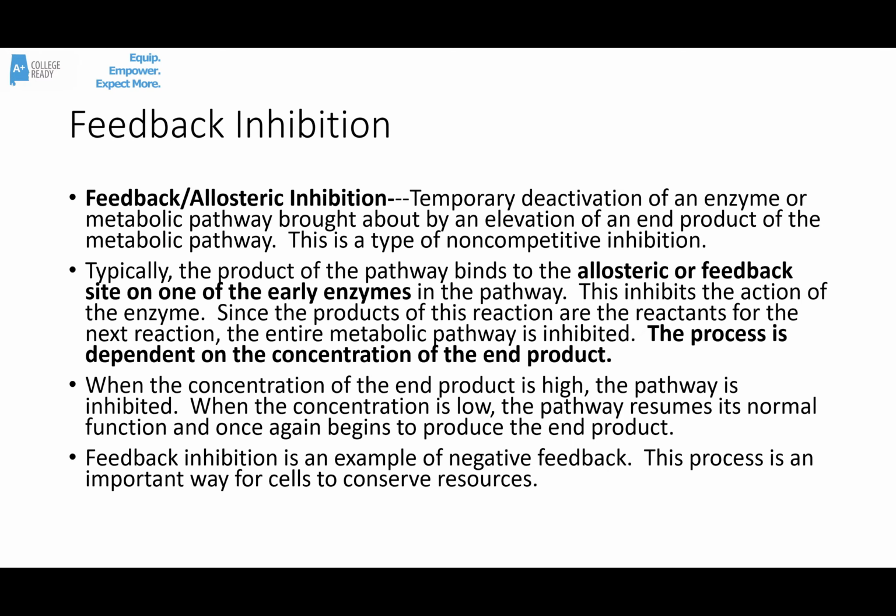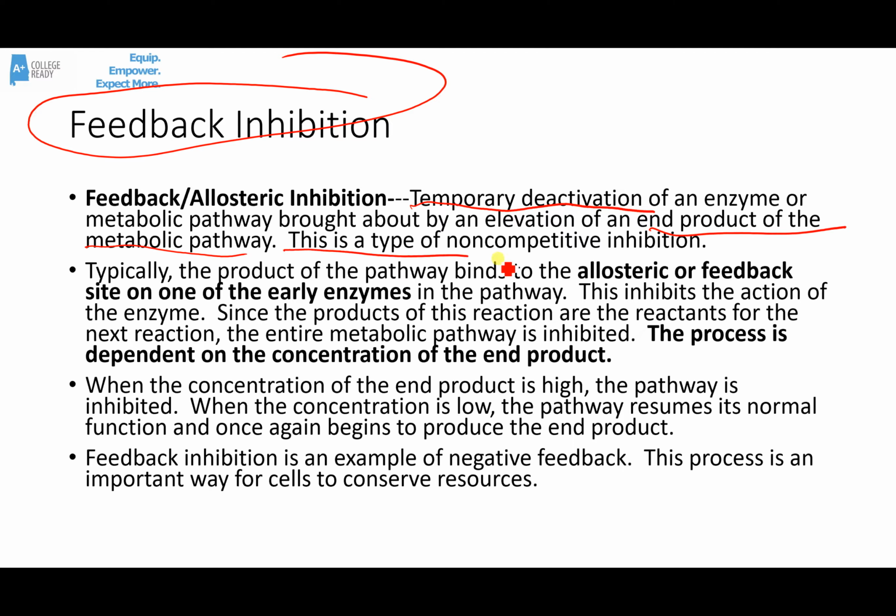So let's also talk about what's called feedback inhibition or allosteric inhibition. This is the temporary deactivation of an enzyme or a metabolic pathway brought about by an elevation of an end product of that pathway. It's essentially a type of non-competitive inhibition. We might also hear it called allosteric inhibition.